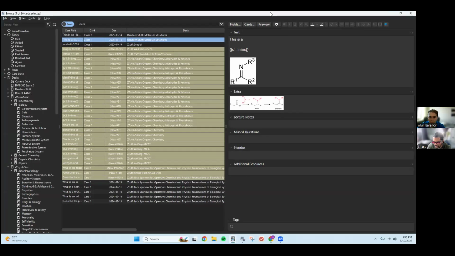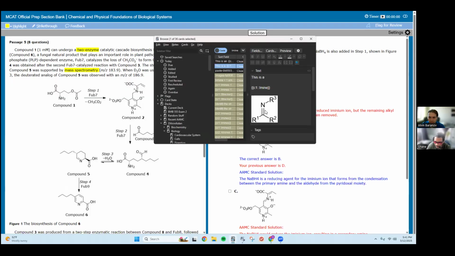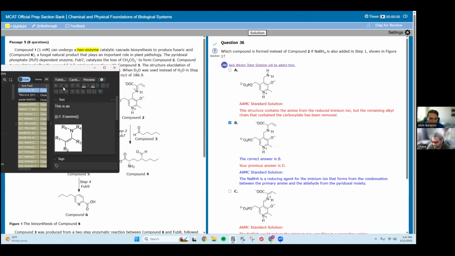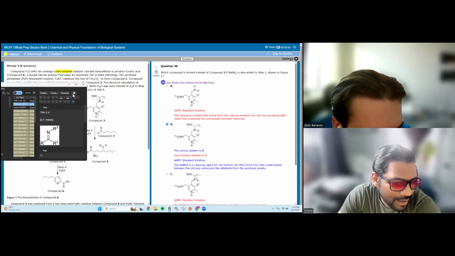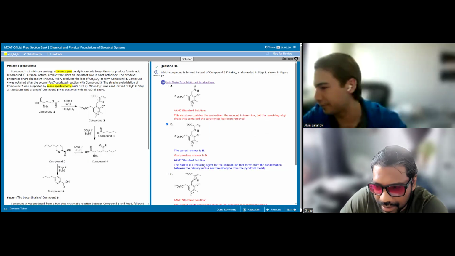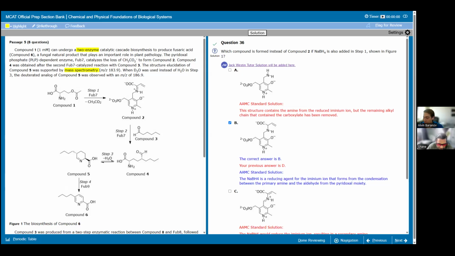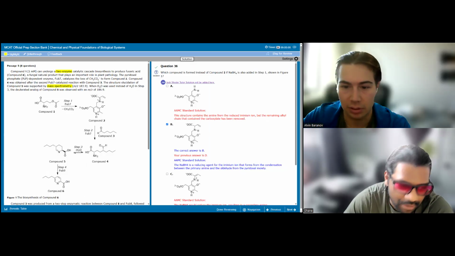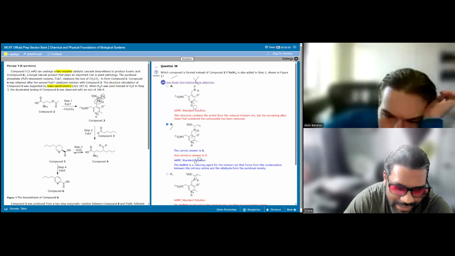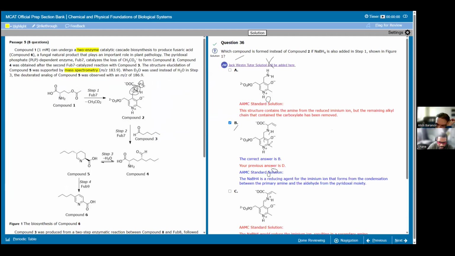That's an iminium ion. So the iminium is just the imine, but with that positive charge, that additional bond, just like ammonia and ammonium, the ium indicates the positively charged one.